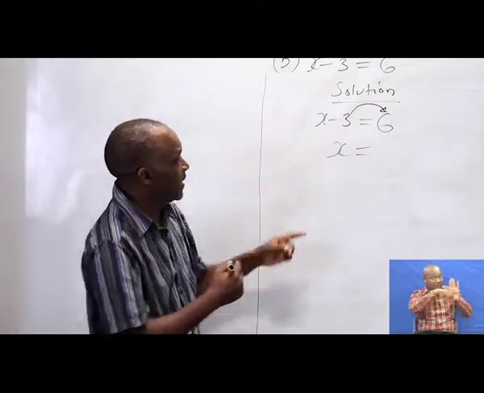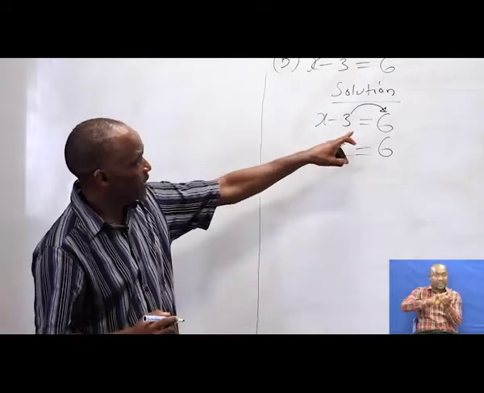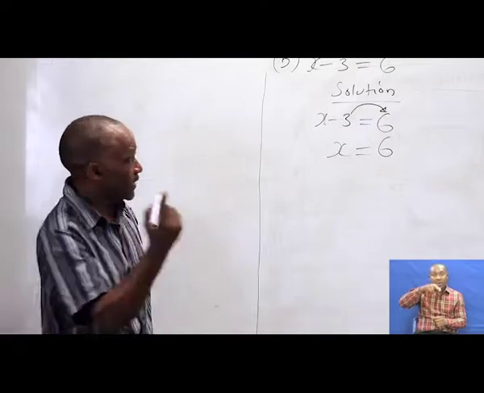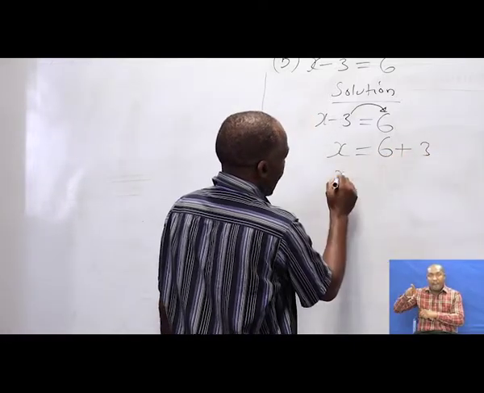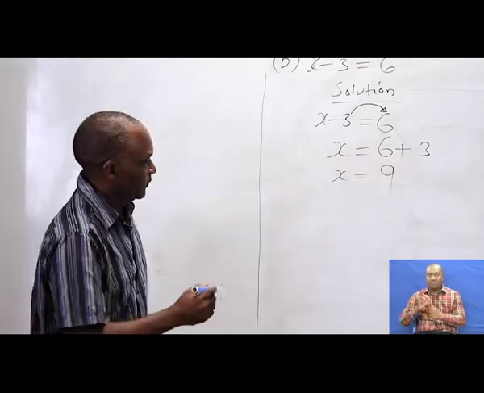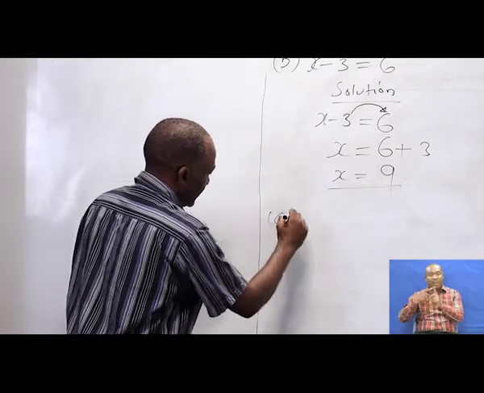So when this -3 is going to another side, crossing this equal sign, the sign is going to change. So the sign will be +3. Then x will be equal to 9. Very, very easy.